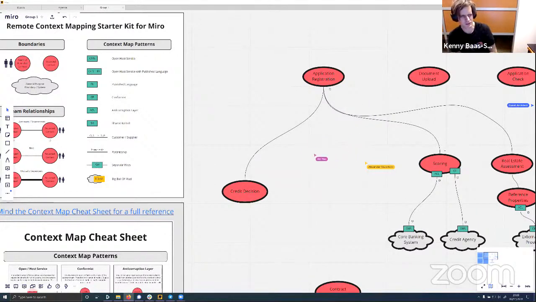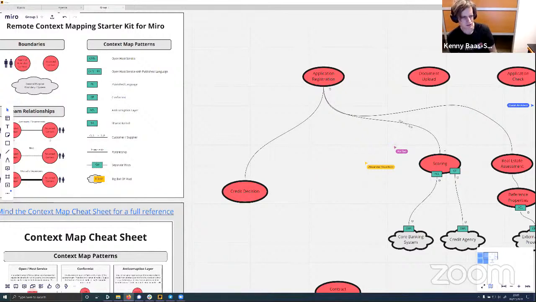So in this case, let's say application registration is downstream and scoring is upstream. Then if you have a customer supplier relationship, the application registration is the customer, since the customer is asking the supplier, in this case scoring, to get new functionality in, or develop some stuff on that side.